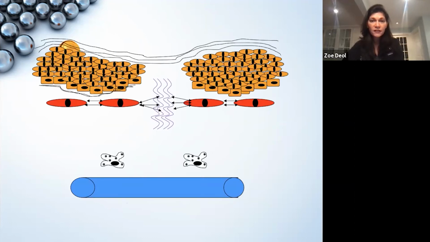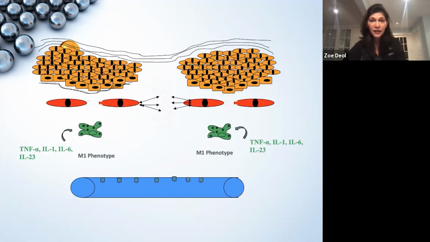They walk towards the injury. They've got little granules inside that have not been released yet. They head straight to the injury and boom, they transform into the M1 phenotype. Those are from the cytokine signals in the endothelium that have signaled those macrophages to transform into M1s.